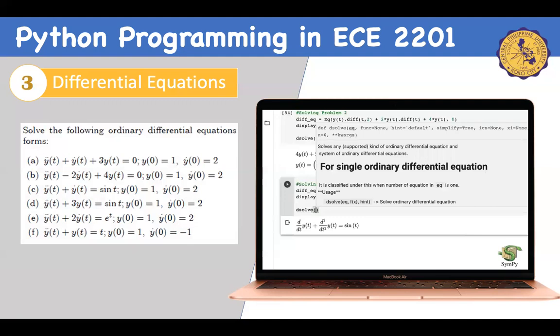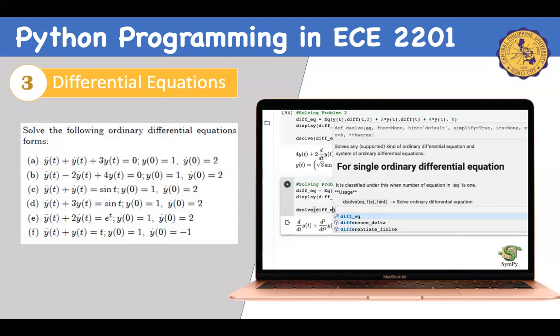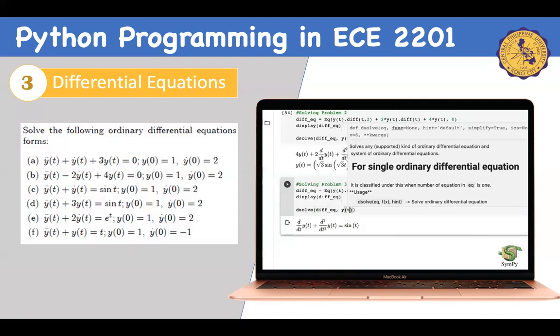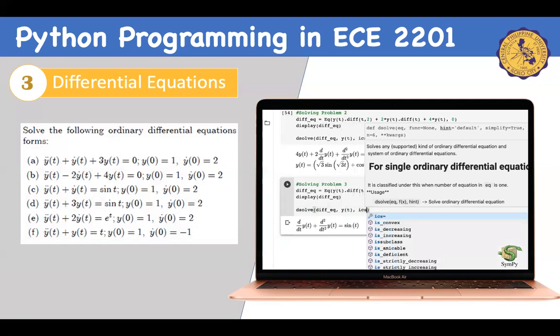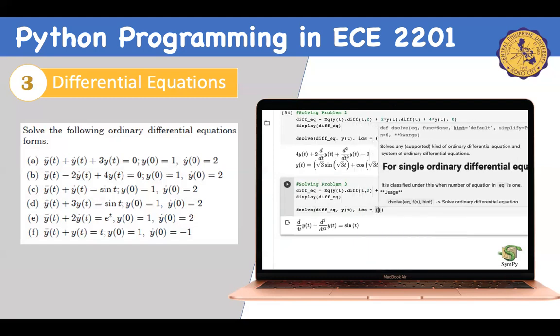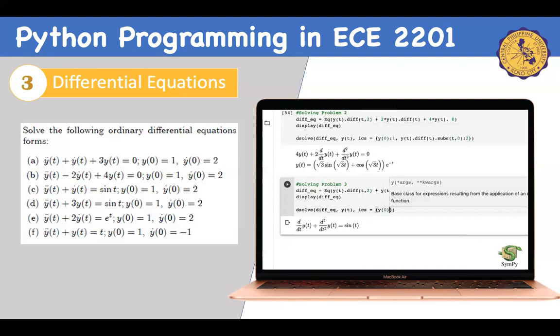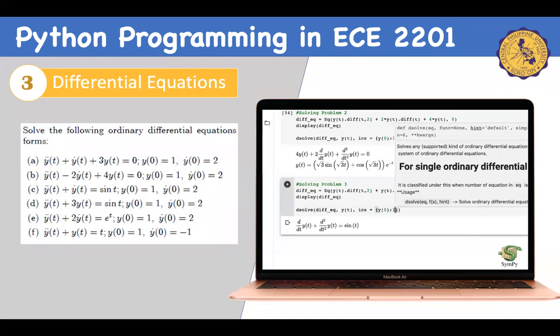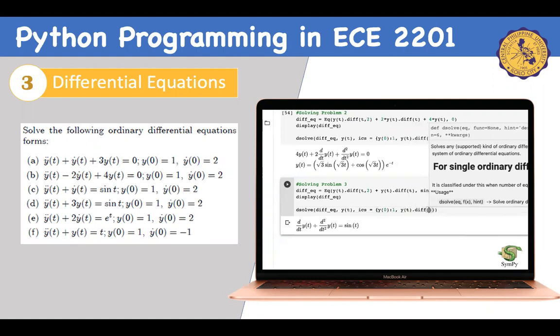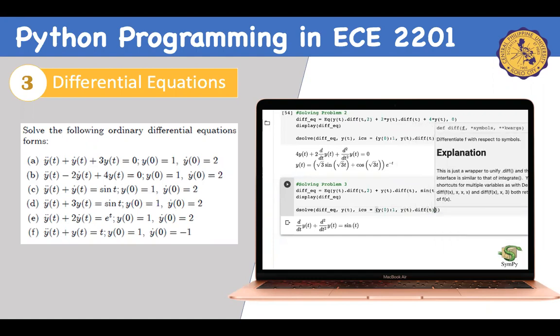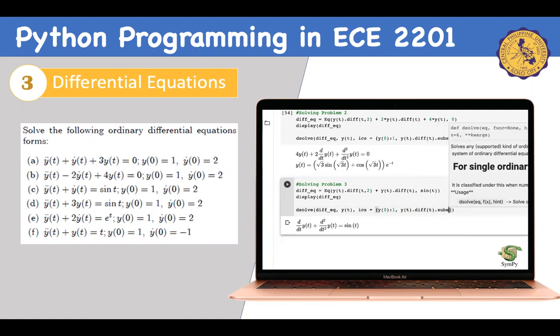So we have dsolve of this equation, comma, as a function of y(t), comma, ICS, that is initial conditions, open curly brace, y(0) colon 1, and then we have y prime 0, that's y(t).diff(t), and then we are going to subs, we are going to substitute t with 0, the value is 2.